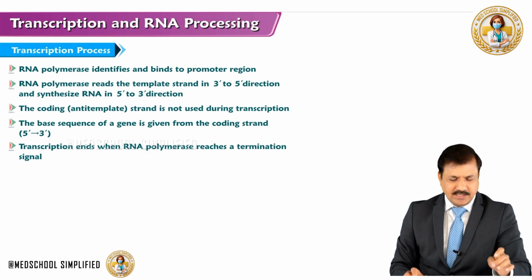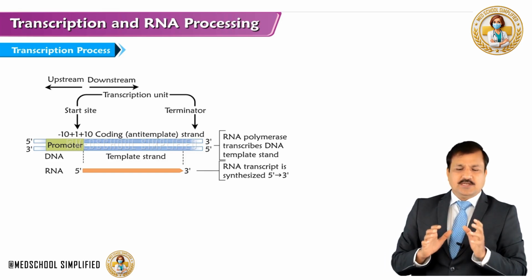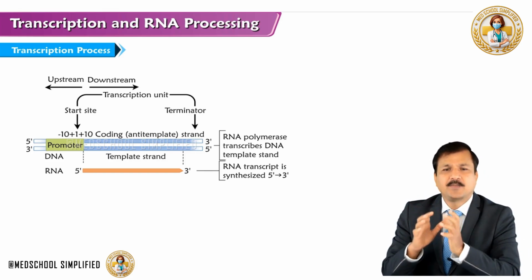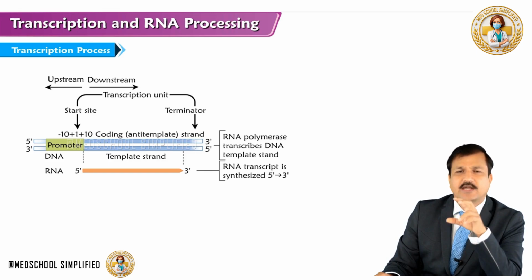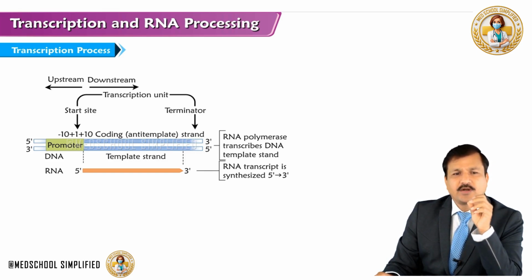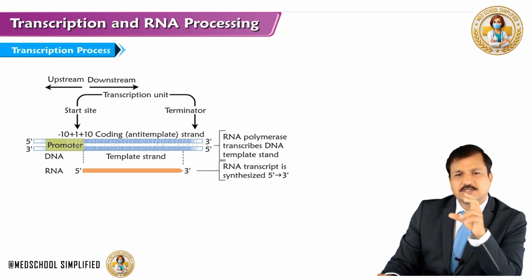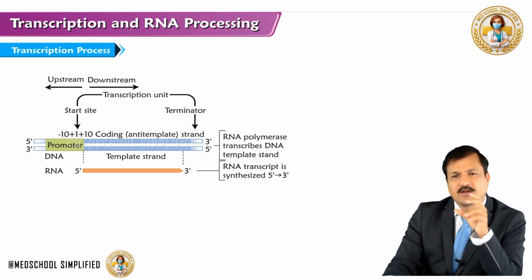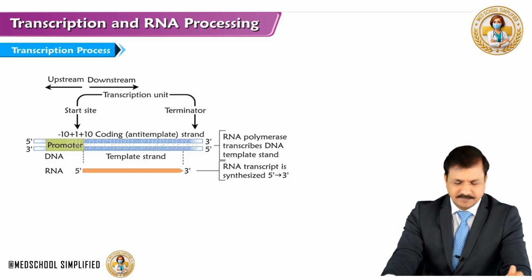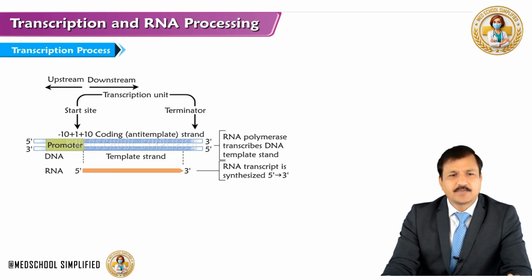In the vicinity of a gene, a numbering system is used to identify the location of important bases. The first base transcribed as RNA is defined as the +1 base of that gene region, as shown in the figure here.